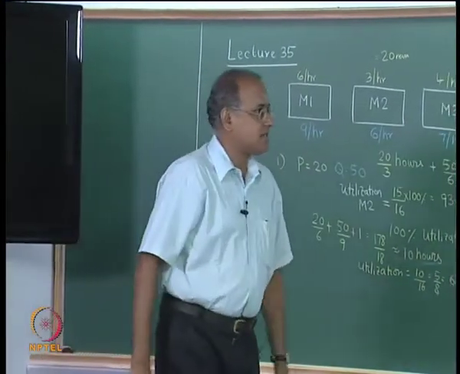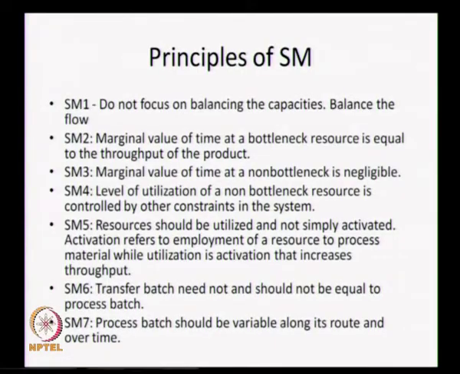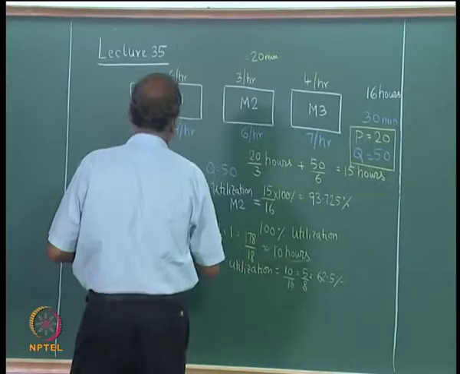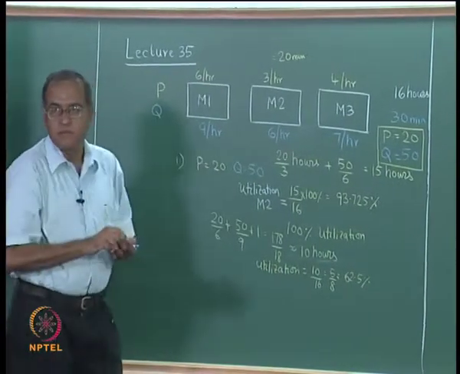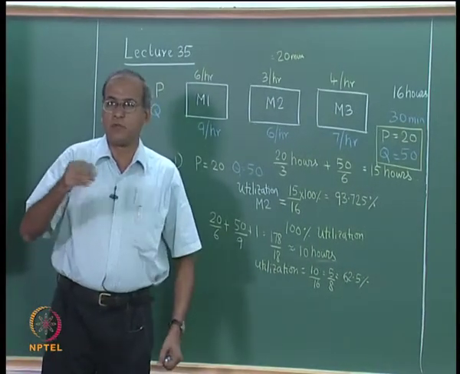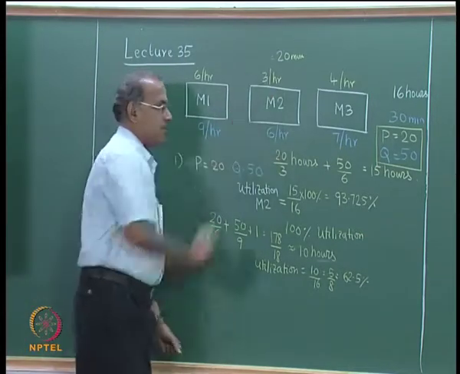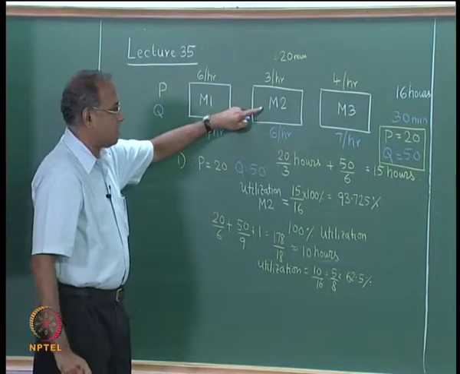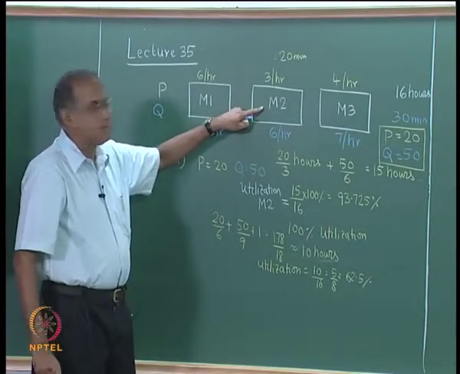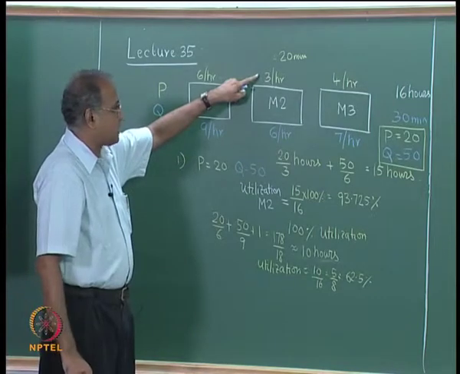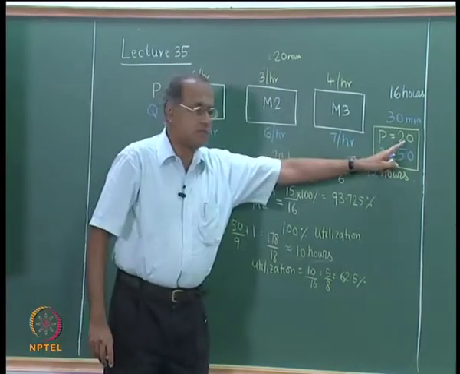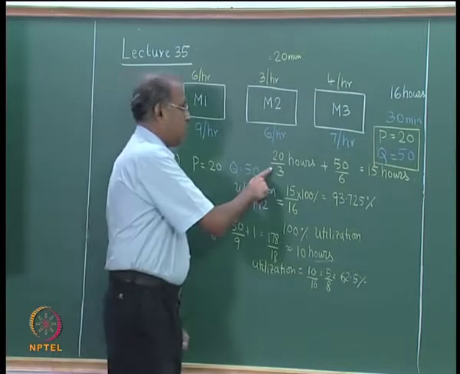Now, we get into principle 6, which talks about transfer batch need not and should not be equal to the process batch. So, let us look at principle number 6. Now, let us assume that we are producing P first and then we are producing Q. Now, if we include the changeover times, the time on M2 is exactly 16 hours, because at the rate of 3 per hour, to produce 20, we need 20/3 hours.